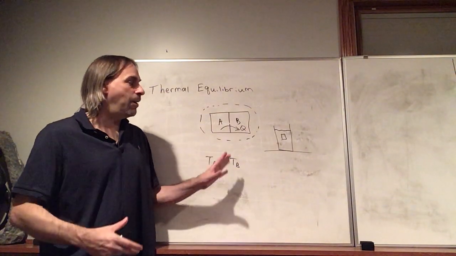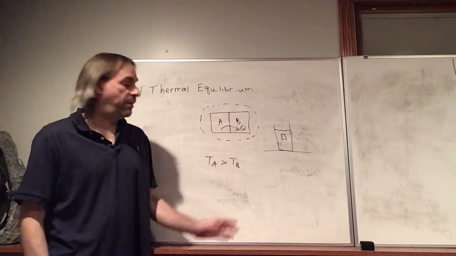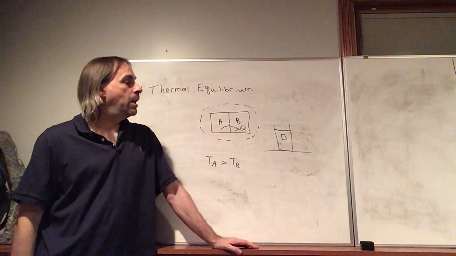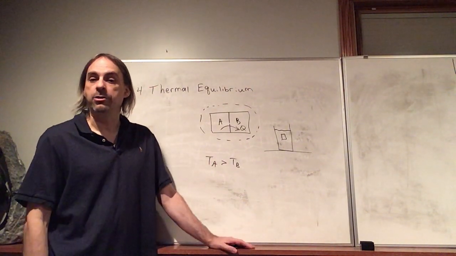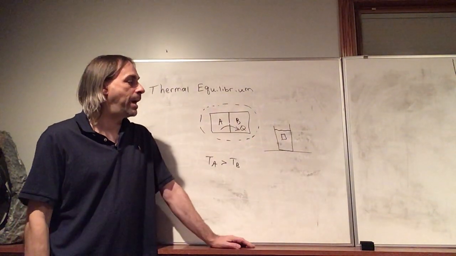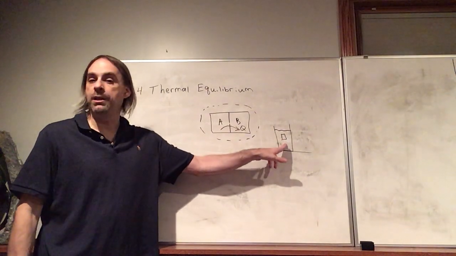However, there's also the room. If you have a glass of water here and you pour ice into it, the room is at a different temperature. The room is just at room temperature, maybe the same as the water was initially.